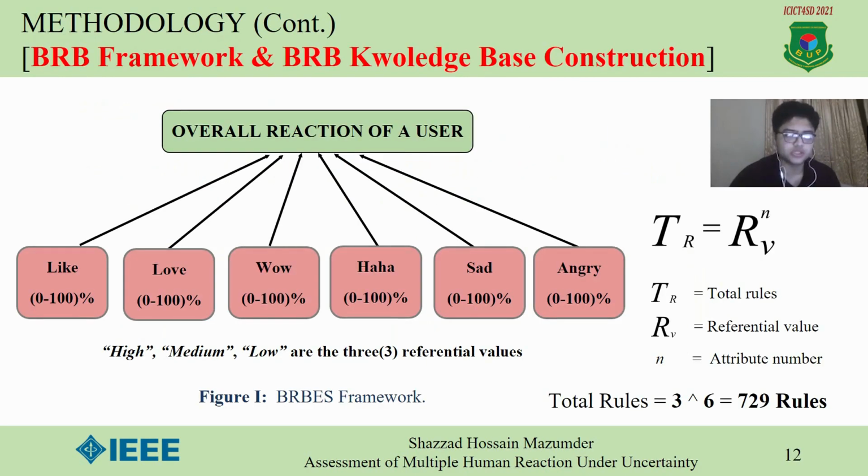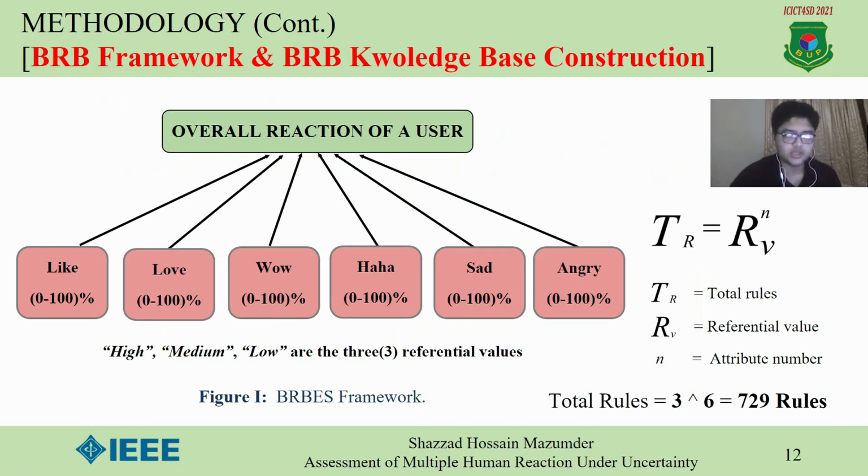For the construction of the knowledge base, we first develop a BRB framework with 6 leaf nodes, and the outcome will be the consequent node. The leaf node are also called the antecedent attribute. Each of these antecedent attribute may have one of the 3 referential values. So total number of the rules in our knowledge base is equal to 729.